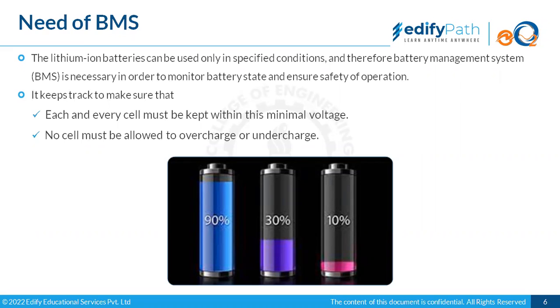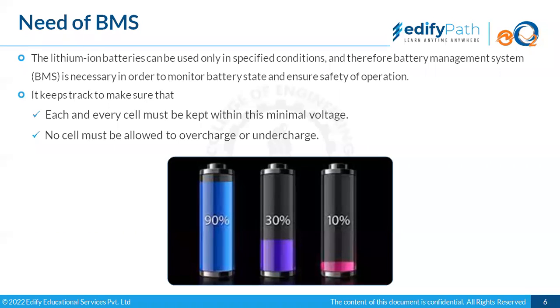Instead of every cell performing on its own, whether the numbers are thousands or tens of thousands or more, they should perform uniformly, and the output from the battery pack should be equal from each and every cell. It's not that one cell's performance is good and another's is not, because that is not good for our battery pack.